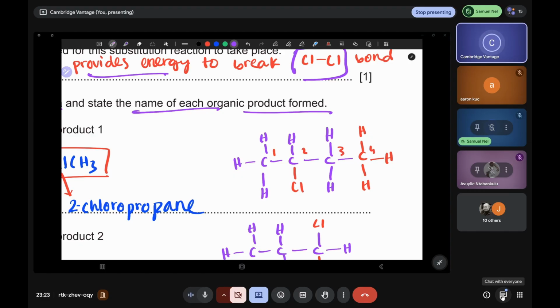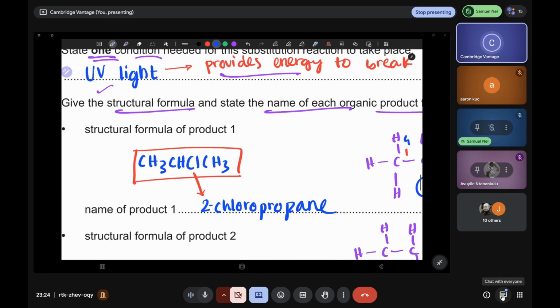But if you count it from right to left, it would be 1, 2, 3, 4, like this. It's important that whenever you have these types of compounds, you always associate the smallest number with the chlorine or the alcohol or whatever group there is. So over here, we will choose the smallest number, which is 2. So that is why when we name it, it is 2-chloropropane.